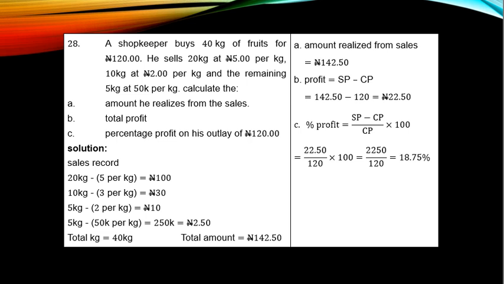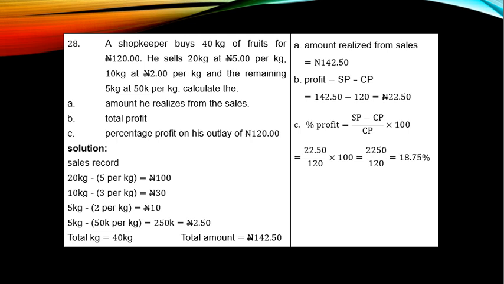Calculate A, the amount he realizes from the sales, B, total profit, C, percentage profit on his outlay of 120 naira. Okay, so 3 rounds of sales took place at various prices.